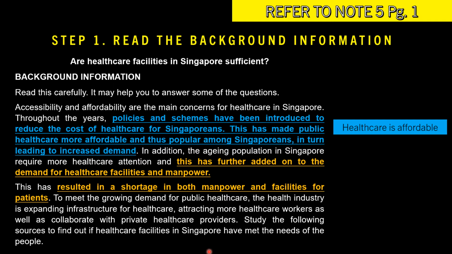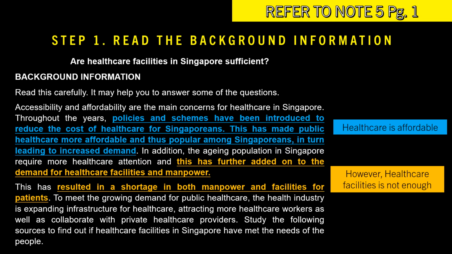That means they need to see the doctor or go to the hospitals more often. All right, and because of the increase in numbers, it has resulted in a shortage of doctors, nurses, or even facilities. So we talk about facilities later on. Okay, and the orange color highlighted and underlined words actually means that healthcare facilities, they're actually not enough.